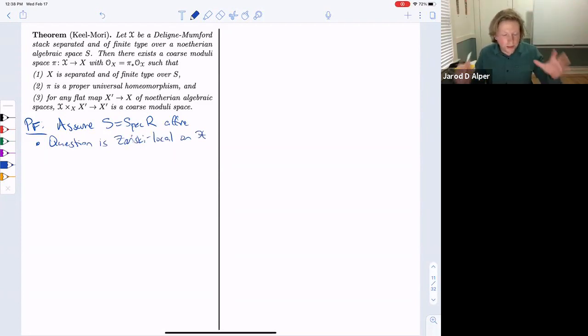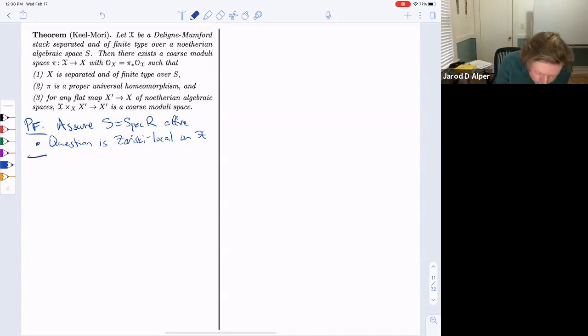Because if I can cover the stack with open substacks, and I have coarse moduli spaces for each of those opens, by the universality of coarse moduli spaces and the fact that it induces an isomorphism on their underlying topologies, I can then glue them to form a global coarse moduli space. And our argument is showing that we can do it not only Zariski locally, but tau locally.